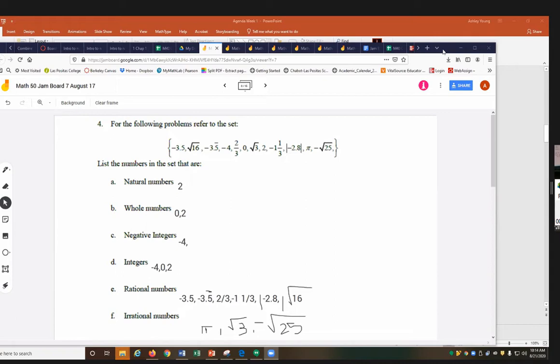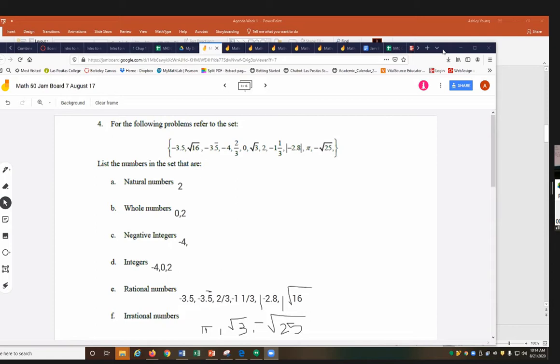Oh, yeah. So what do you guys think you want to do with that? Can you fix it? Oh, because it's an irrational number? I just want you to write it in rational form. So rational is a number in fraction form.